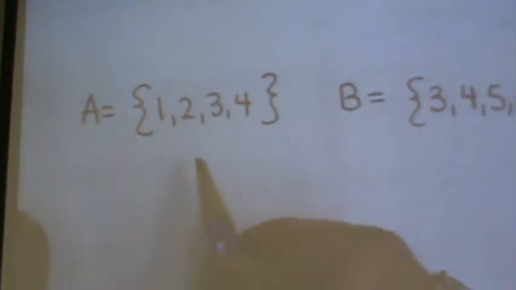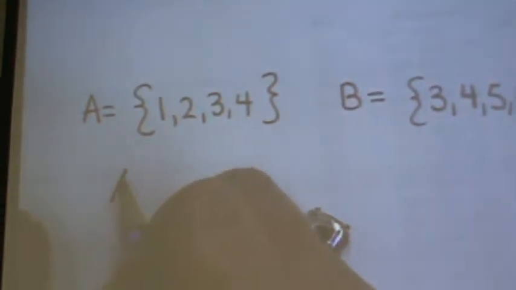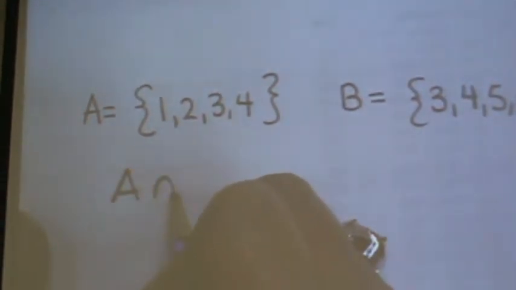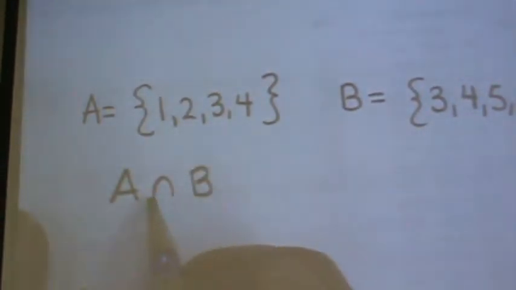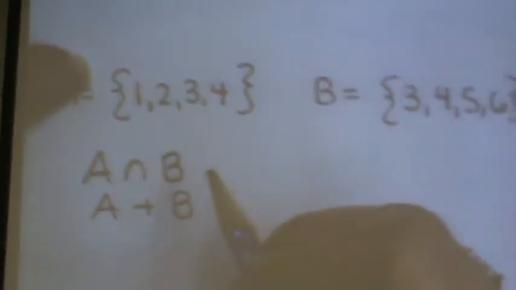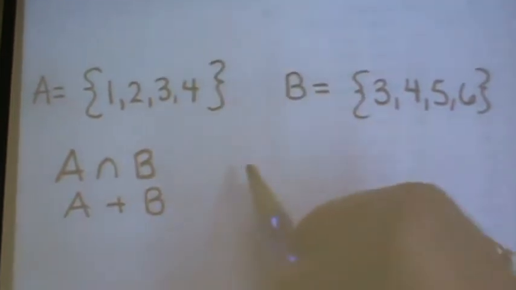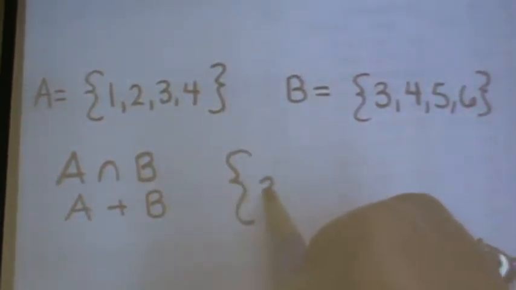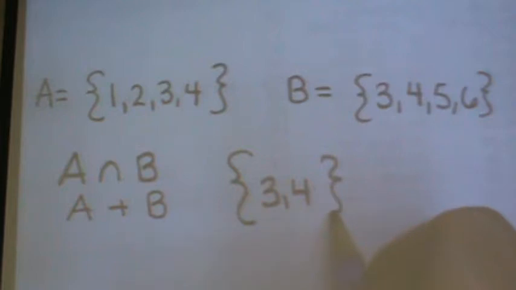If I wanted the intersection of these two, one way to write intersection is like that. It's this N. That's intersection. The other way, which they do, a plus sign. These mean intersection. Where do these two sets intersect? 3 and 4. That would be the answer.